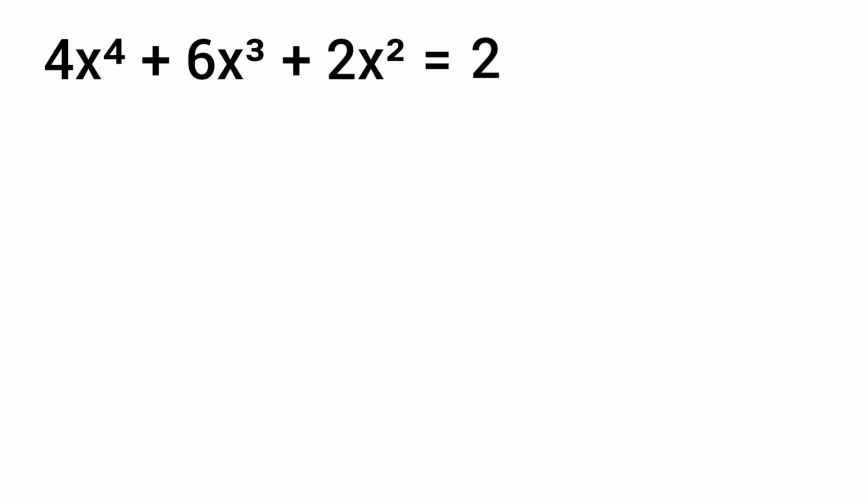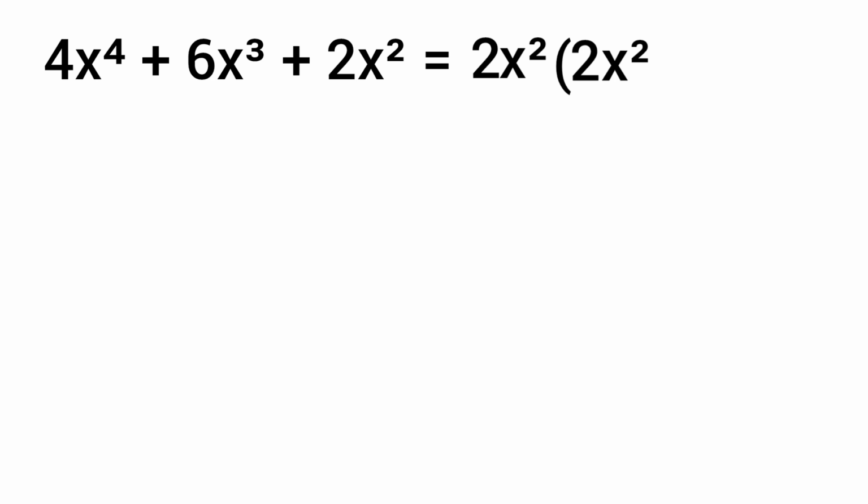Then for the letter, the highest common factor there will be x squared, because you can bring out x squared from x to the power of 4, x to the power of 3, x to the power of 2. Now let's see what will be left of the other terms. From 4x to the power of 4, if you bring out 2x squared, you are left with 2x squared.